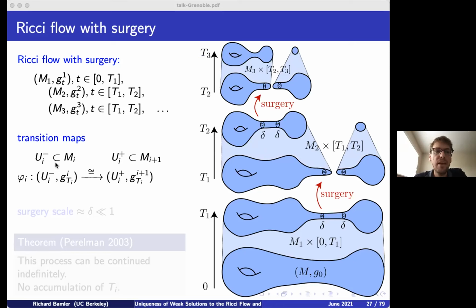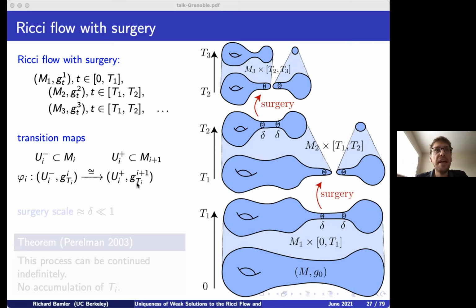To be precise, for every time t_i, I'm going to look at the set U_i^- in the pre-surgery time slice, the set of all points that are not affected by surgery. And then I'm also going to look at the set U_i^+ of all points in the post-surgery time slice, M_2, that also are not affected by surgery.